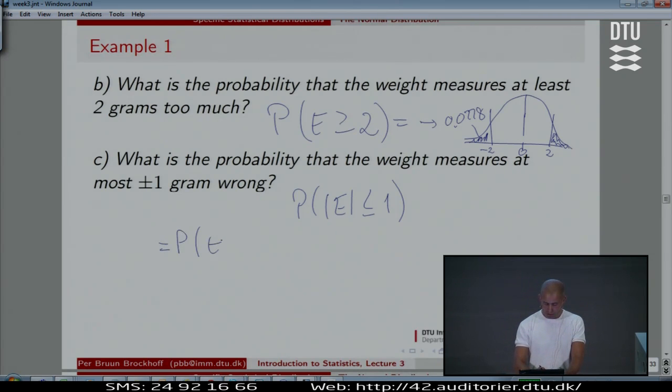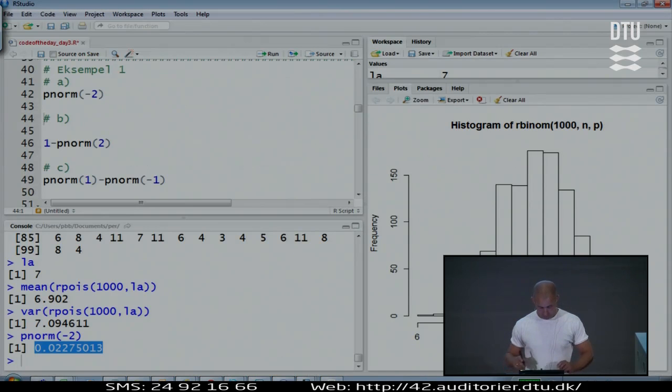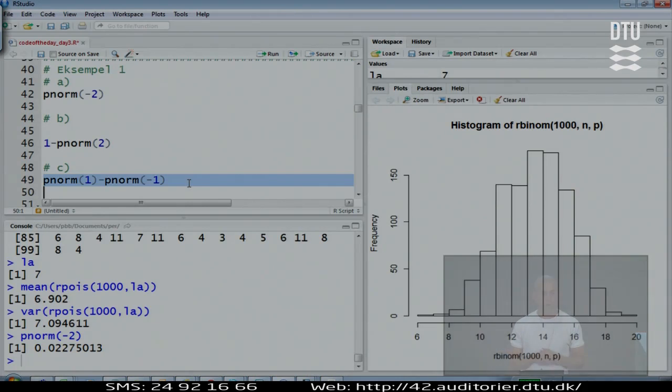We could take less than or equal 1, and then subtract less than or equal minus 1, for instance. That would be the typical way of getting such an interval: take up to and including 1, and then subtract up to and including minus 1. Now I'll do it the neat way. I put this already: P norm 1 minus P norm minus 1.